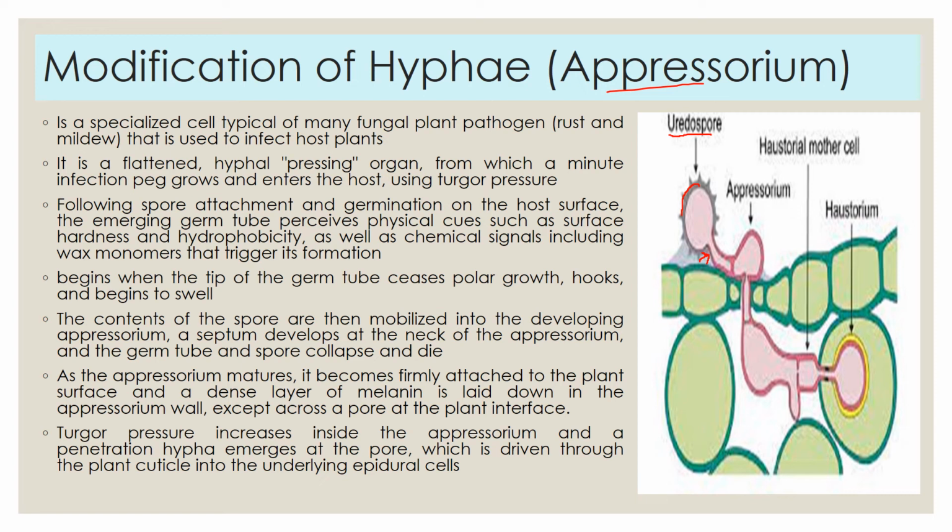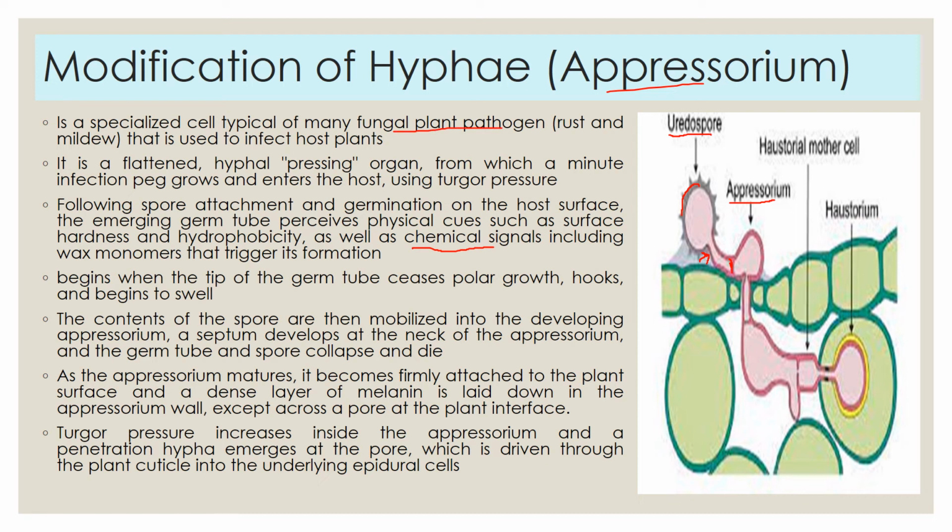Once that is detected, the germ tube moves in that direction, and once it reaches the plant surface, the tip of the germ tube enlarges and forms an appressorium-like structure. So the appressoria are only formed when the host plant is present, and they are found only in pathogenic fungi.